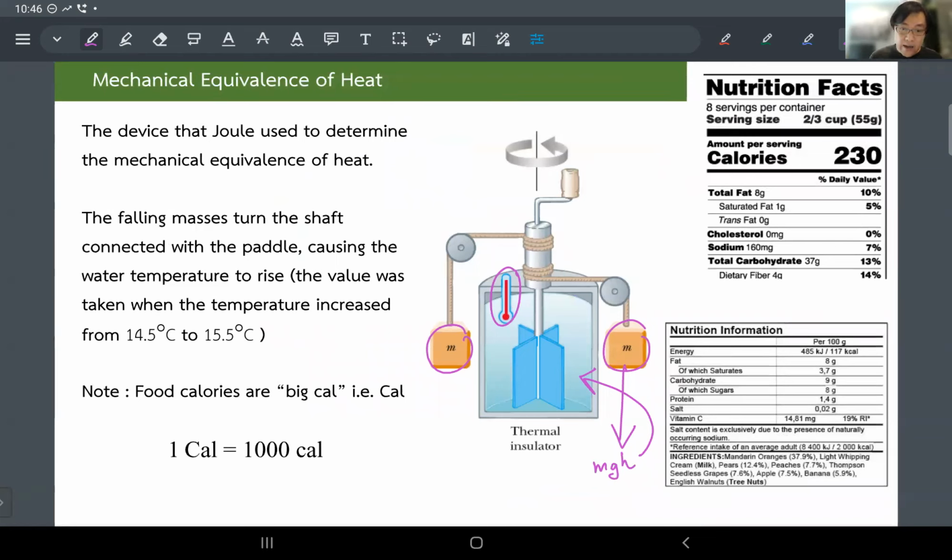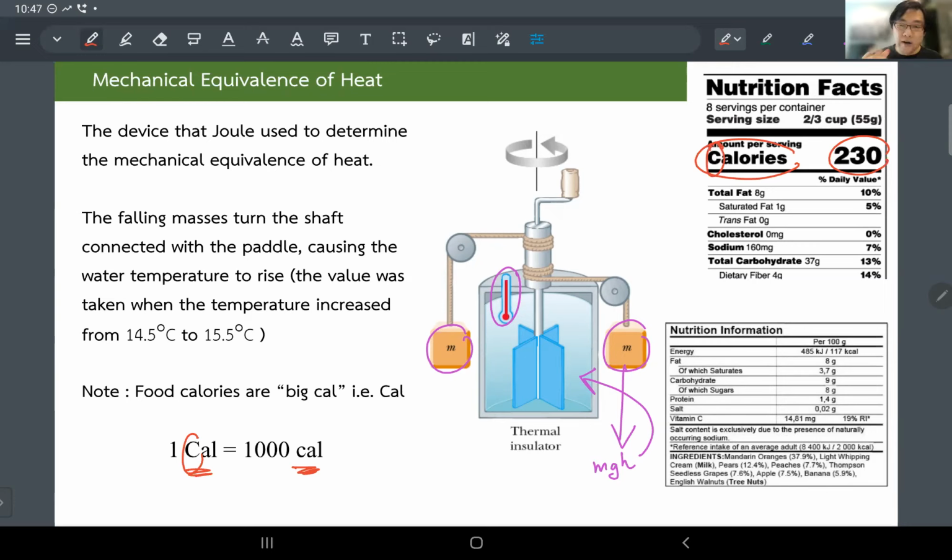Before we move on, here is a fun fact you've probably already known. The calorie in food packaging, like when you see 230 calories, is written with a capital C. It's the big Cal unit.